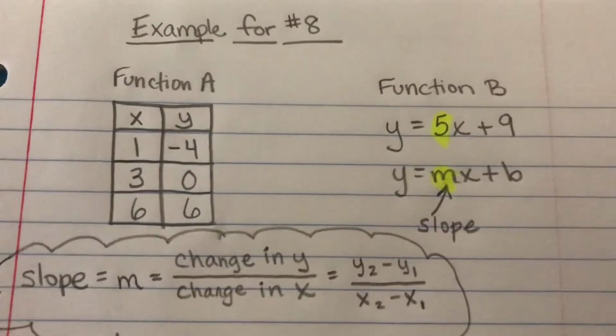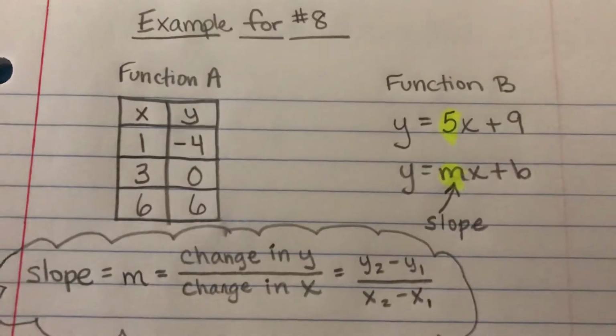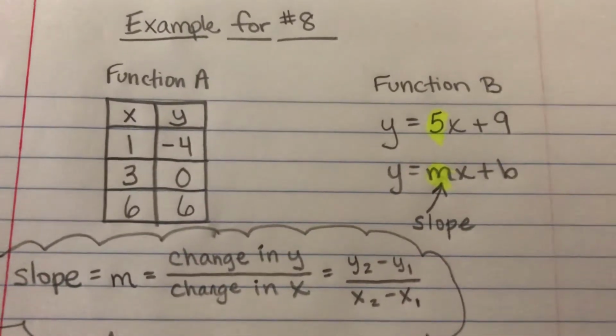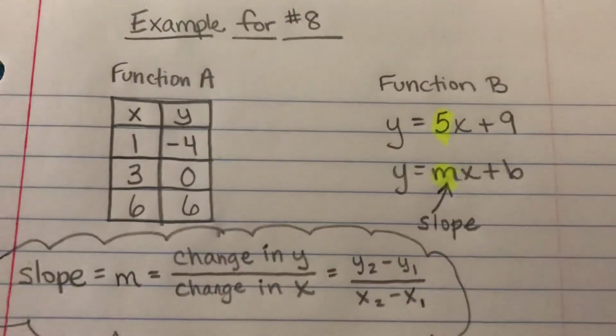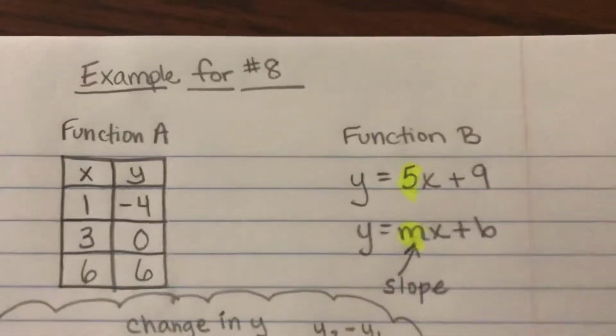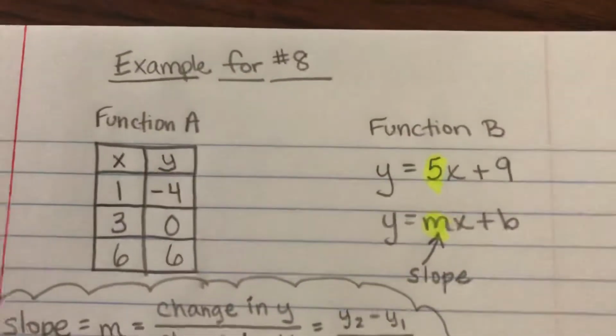Either function A has a greater slope or function B has a greater slope, and just stating that alone is not going to be good enough. You need to make sure you're showing us your work when you write it down and take a picture and send it to us. So I created this table and this equation, and so let's talk about that.